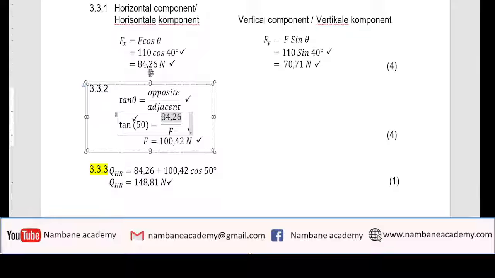Q and P are not acting at the same angle, so their horizontal components cannot be the same, because if we are going to use 84.26, we are saying that the horizontal component for P is the same as the horizontal component for Q. That's what I needed clarity on.